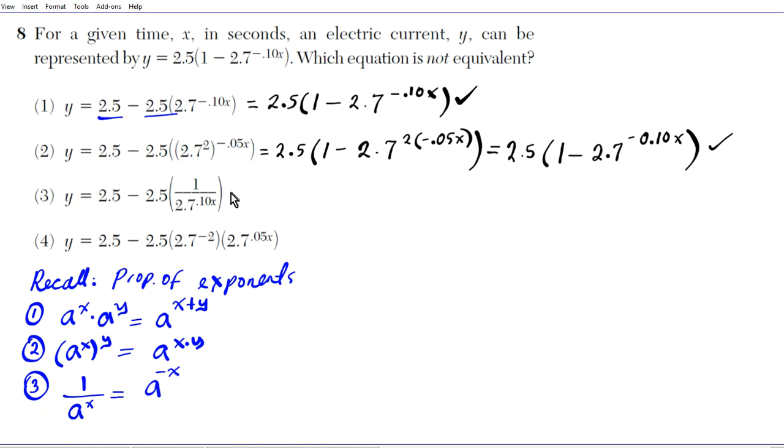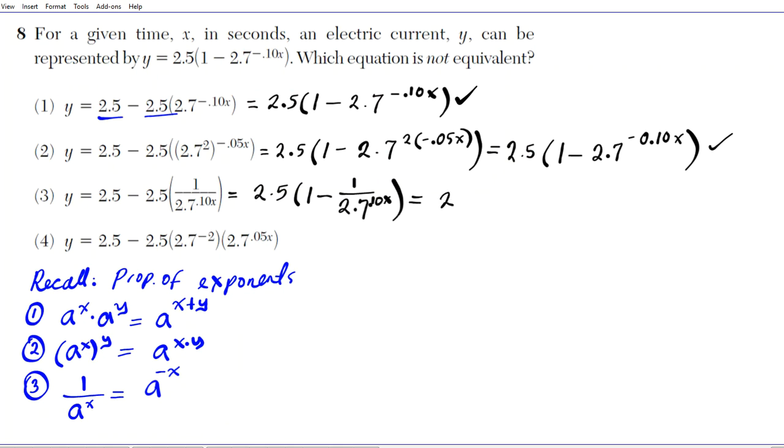Let's move on to option 3. We can factor out 2.5 again, and then we have 1 minus, and then we have an exponential term that's in the denominator, 0.1x. Now what happens if we reciprocate this exponential term?